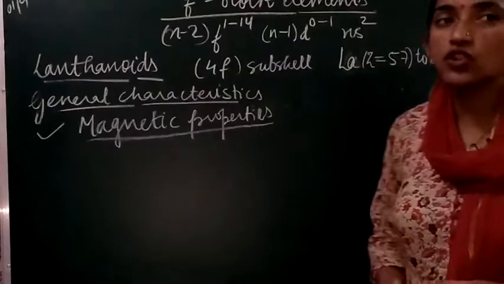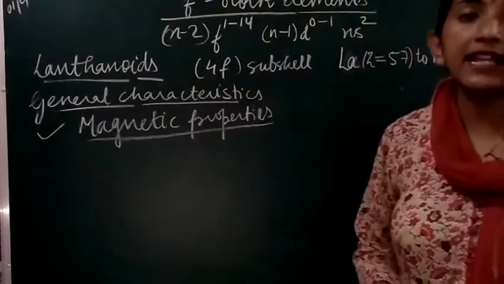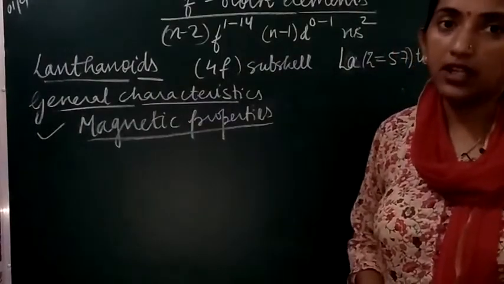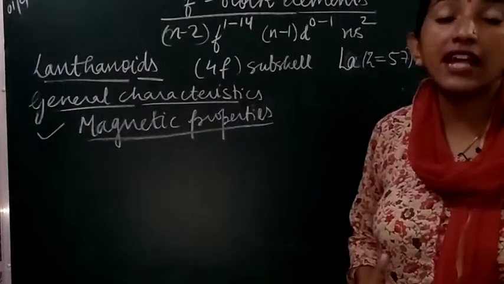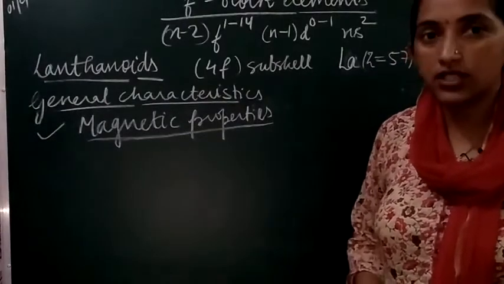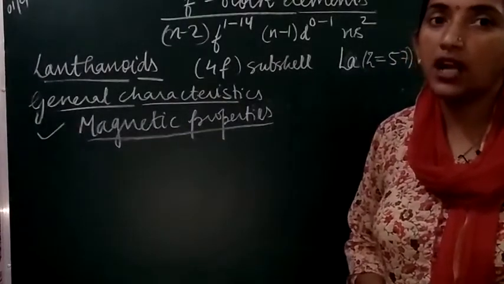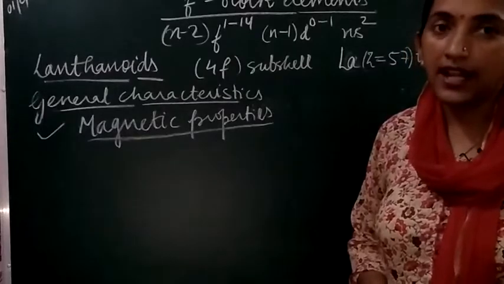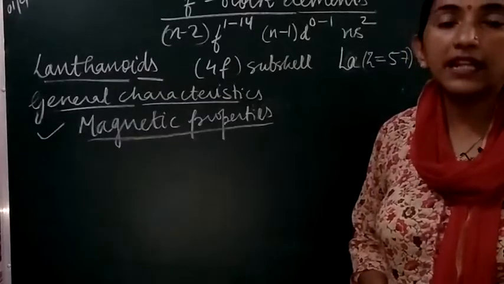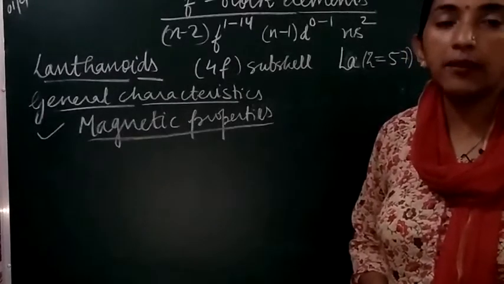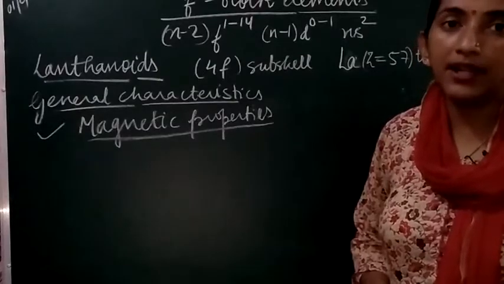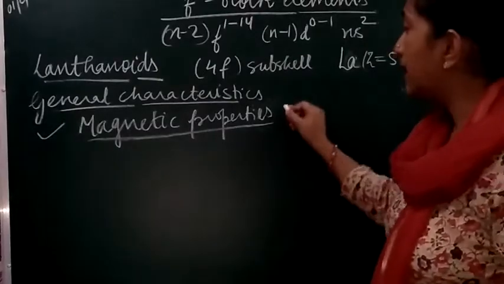If the f subshell is incompletely filled or partly filled, or we can say it has unpaired electrons in it, at that time it will be a paramagnetic substance, right? And if we have completely filled orbitals or empty orbitals, it will be a diamagnetic substance.